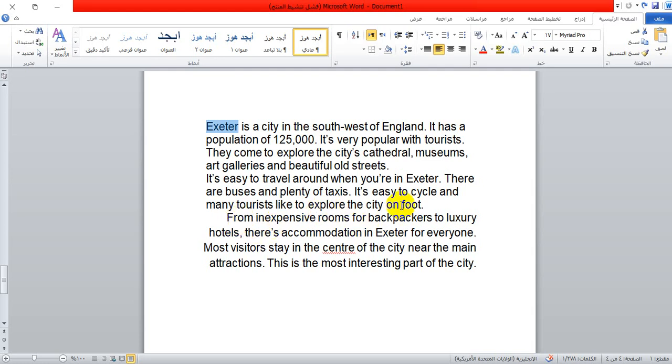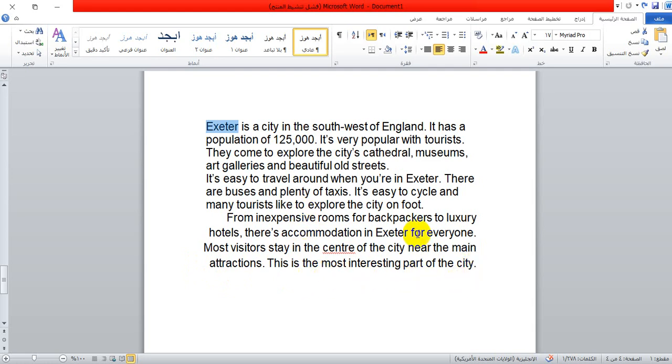From inexpensive rooms for backpackers to luxury hotels, there is accommodation in Exeter for everyone. Most visitors stay in the center of the city near the main attractions. This is the most interesting part of the city.